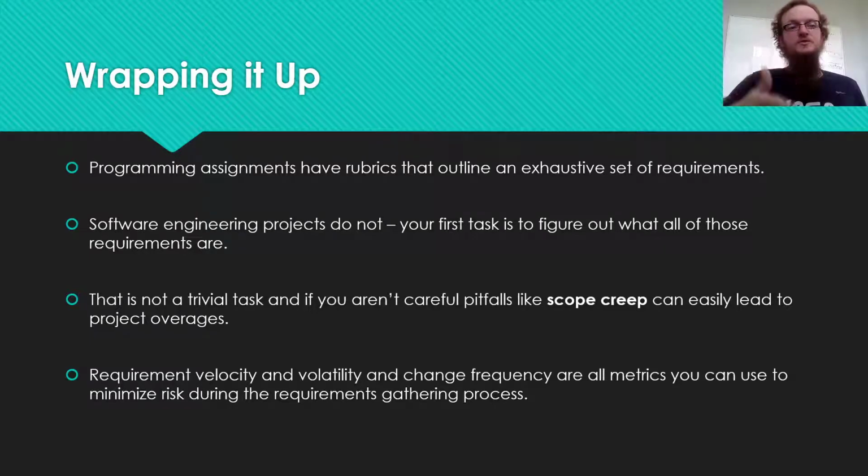So just because you're good at eliciting requirements doesn't necessarily mean that you are the best at making sure that all the requirements are prioritized or all the requirements are kept up to date as they change, as the situation for the client changes. So to finalize that, you can use all of these metrics that we talked about: velocity, volatility, change frequency, all these kind of things to get your head around the context that's around your requirements gathering efforts.